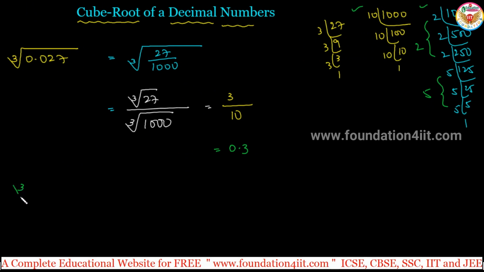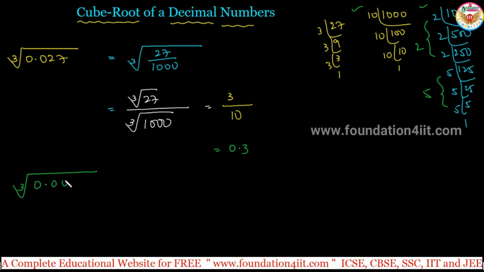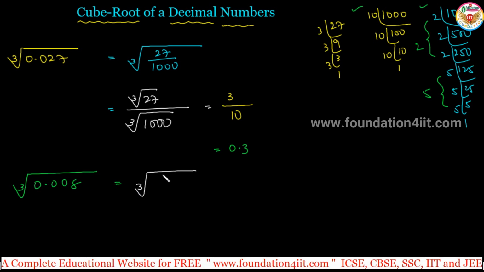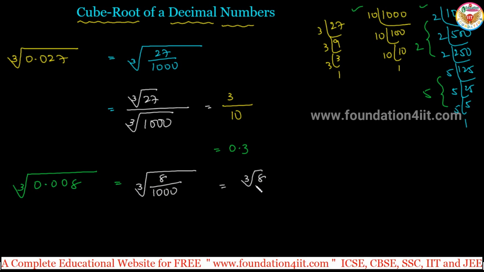Same way, one more example. Cube root of 0.008. Convert the given decimal number into a fraction. Cube root of 8 by 1000, check the number of decimals: 1, 2, 3. So it's cube root of 8 divided by cube root of 1000.